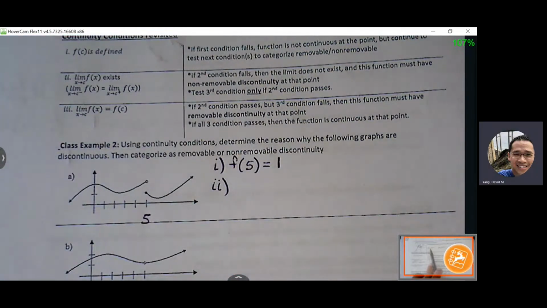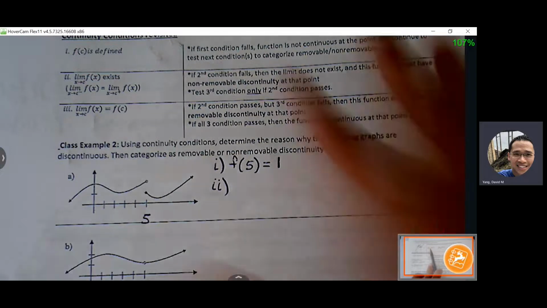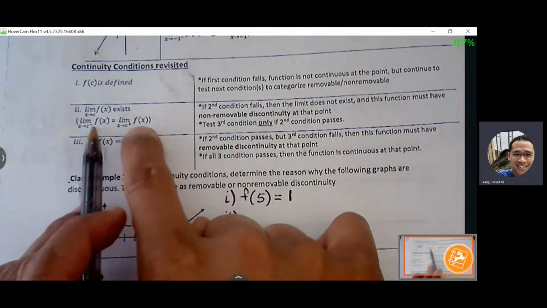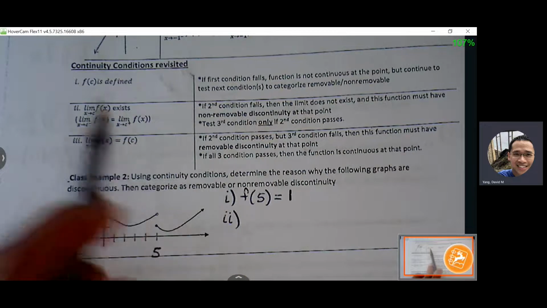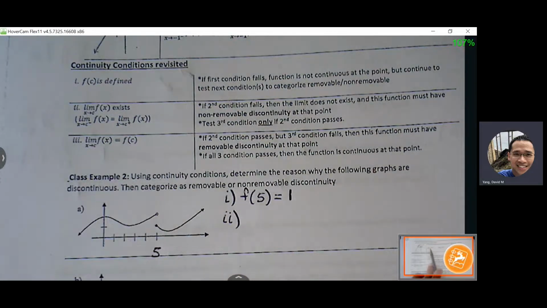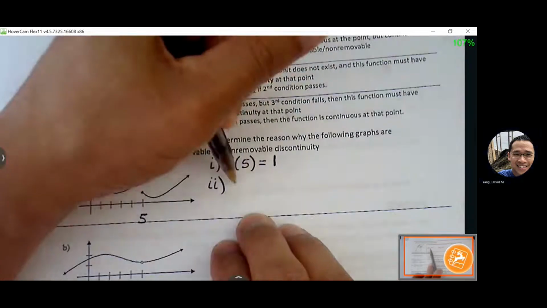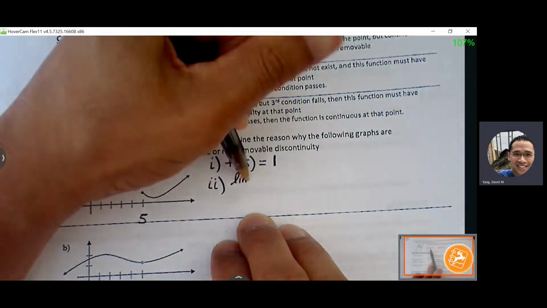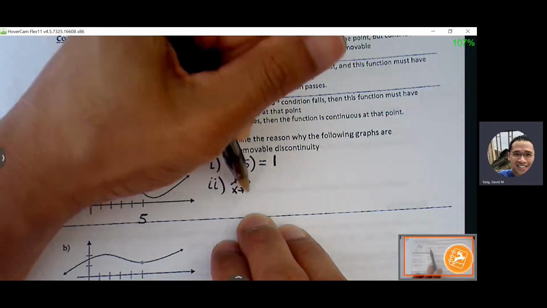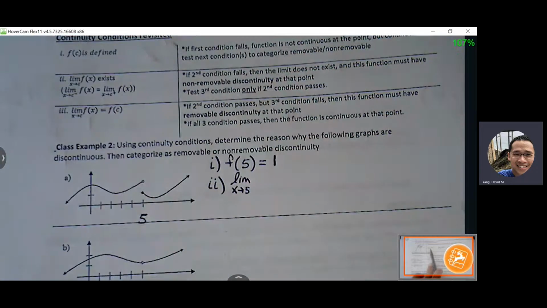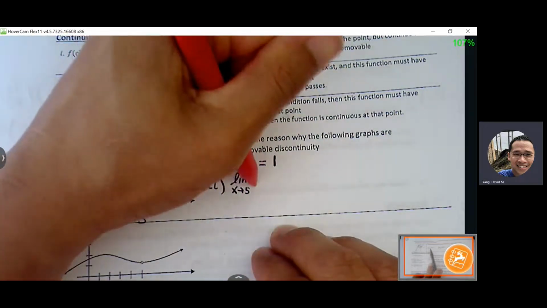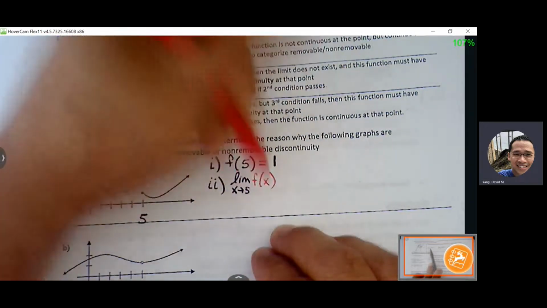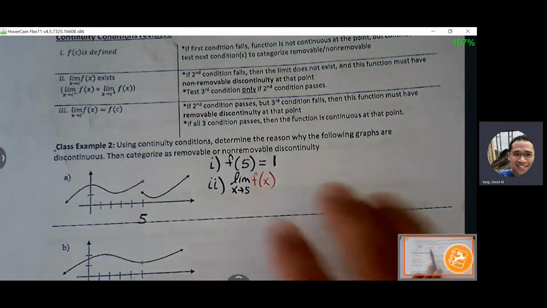Okay, does the limit exist? It doesn't. But we're going to spell it out using justification from one side of the limit. We already know the limit doesn't exist. So I'll say limit as x approaches 5. Don't forget, you have to write f of x here. You can't just say that the limit doesn't exist. We have to name the function we're working with.